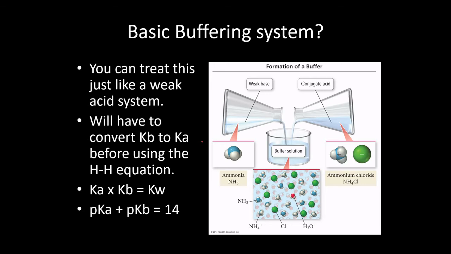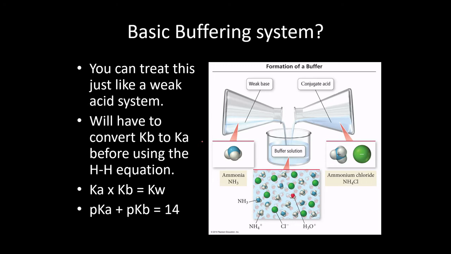So it's actually fairly common to have, for example, ammonia buffers, where you have ammonia and ammonium, high concentrations of both of those, and that will produce a buffer that is for the base side of the pH range. And you can do this with any kind of weak base molecule.